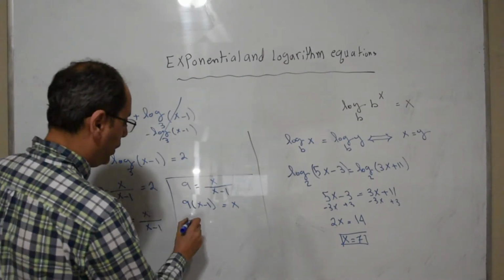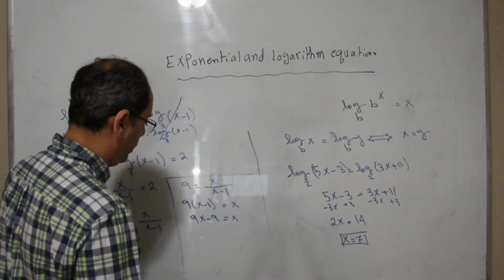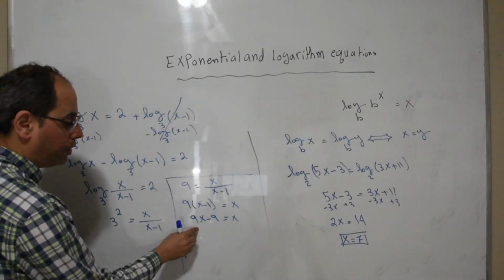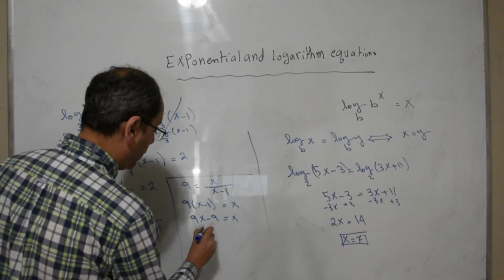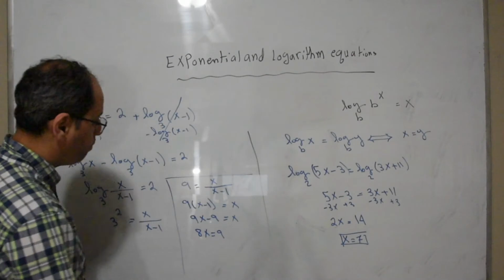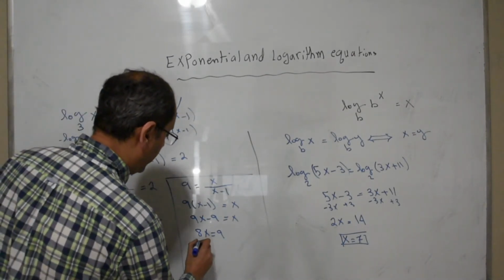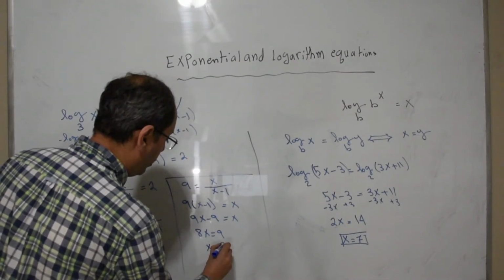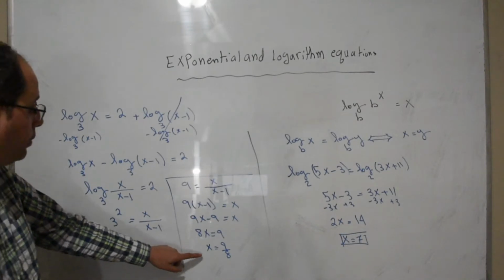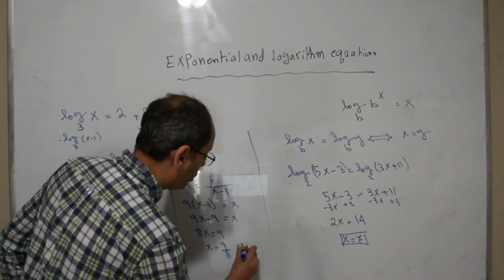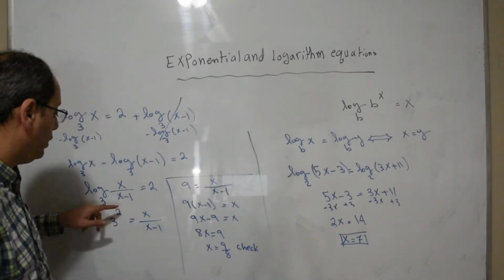Distribute, so I have 9x minus 9 equals x. Subtract x, and add 9 to both sides. So I have 8x equals 9. Then divide by 8, and I get x equals 9 over 8. Now, the best way is to check. Make sure you don't have a negative log here.